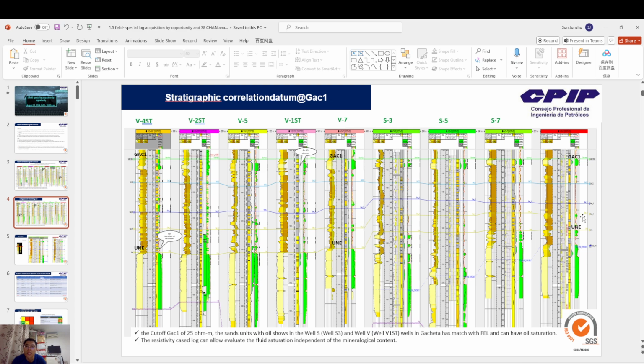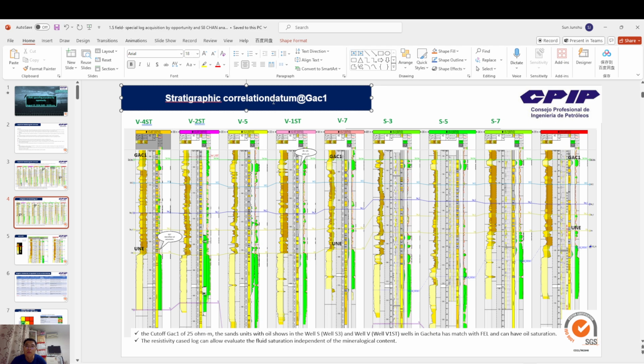Here is the stratigraphic correlation at the datum Gajita 1. The first one is the Gajita 1, which is stable in the V and S fields, and this part is the unit, which is thicker and stable in V and S fields.